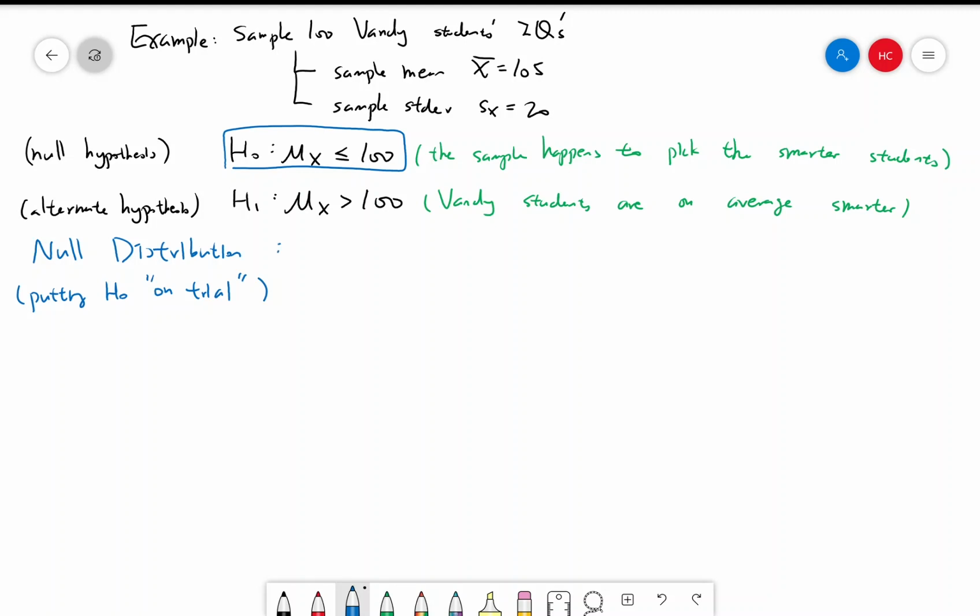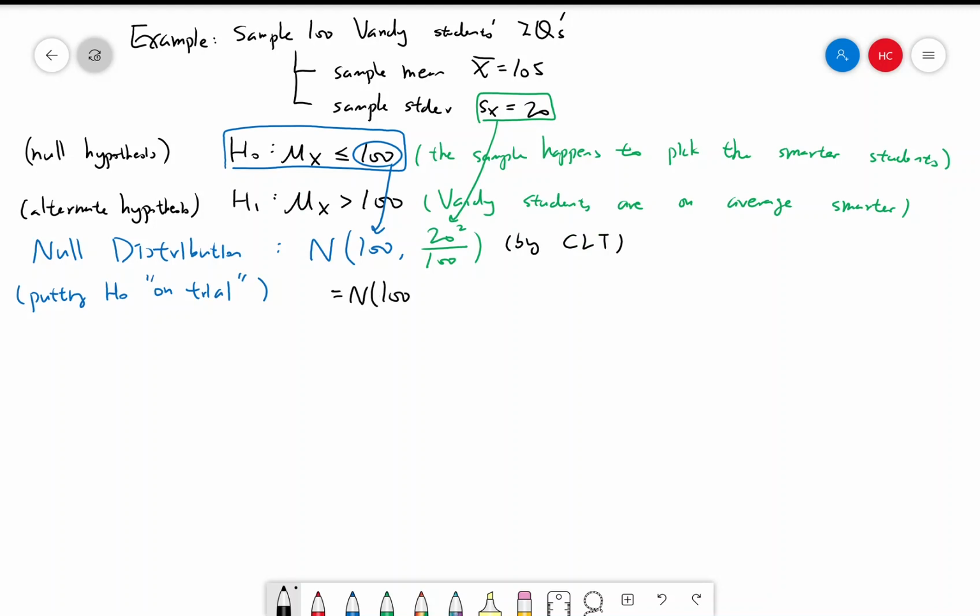So the null distribution is a normal distribution with mean 100 and variance being the sample variance divided by the sample size. This is equal to the normal distribution with mean 100 and variance 4.